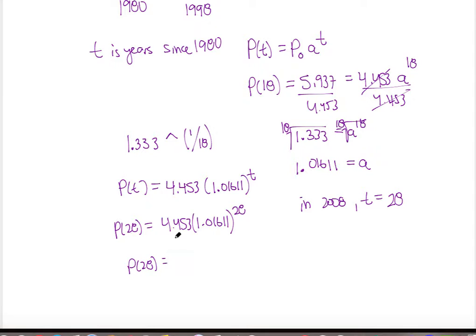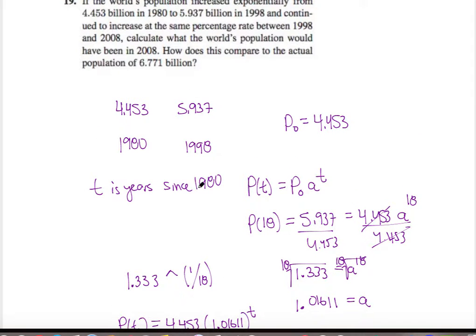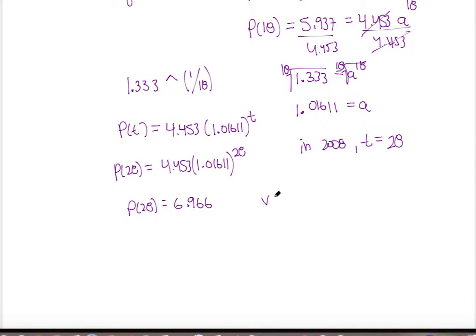Plugging this into your calculator, you should get a population of about 6.966 billion people. And to compare that to our 6.771, it's a little high. So we'll just say that this is slightly higher than the actual, because all we want is a comparison of the two.